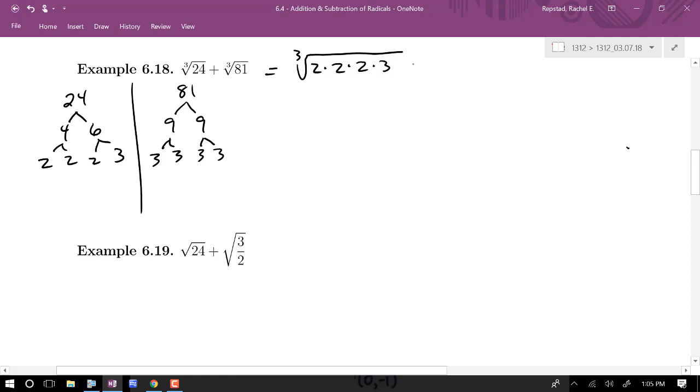So there's my cube root of 24, and then my cube root of 81.